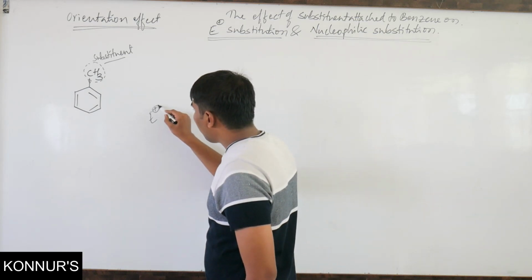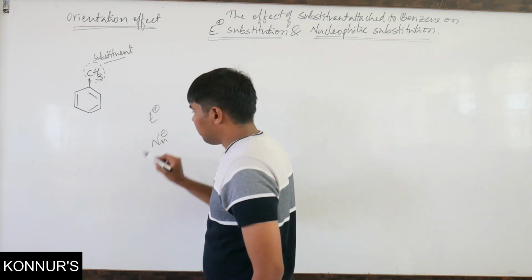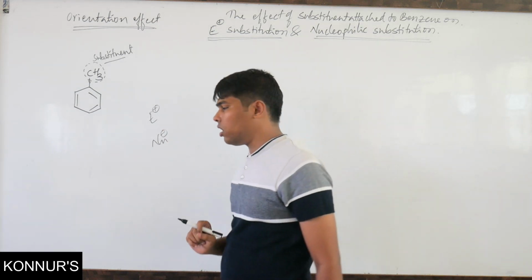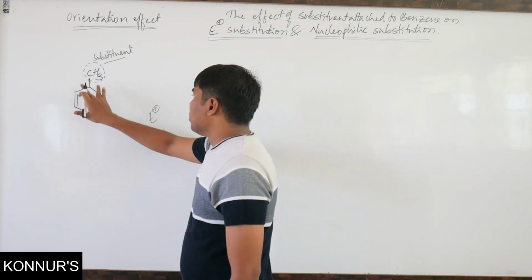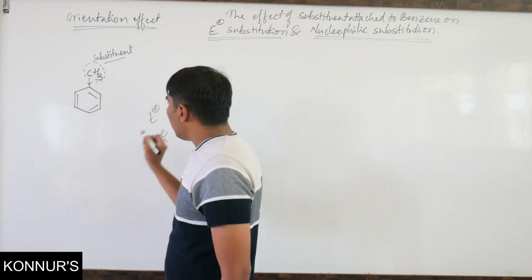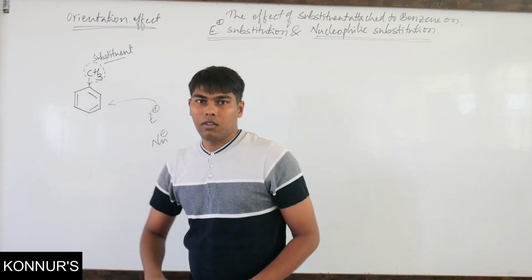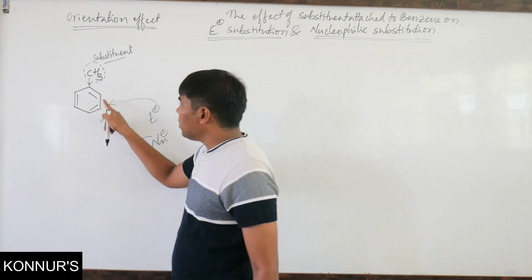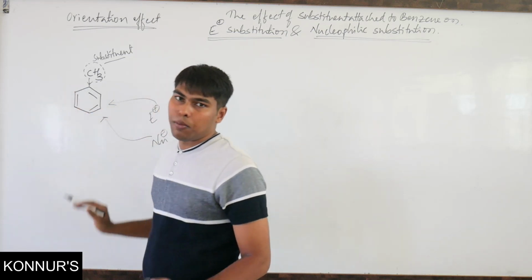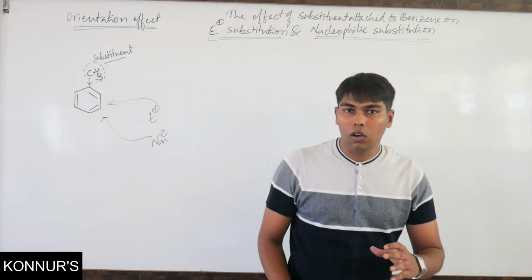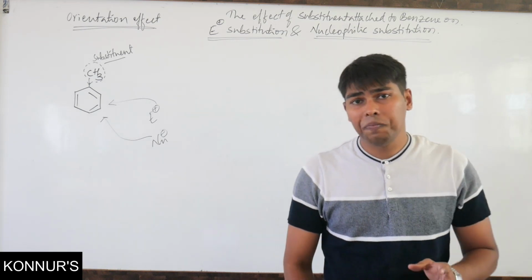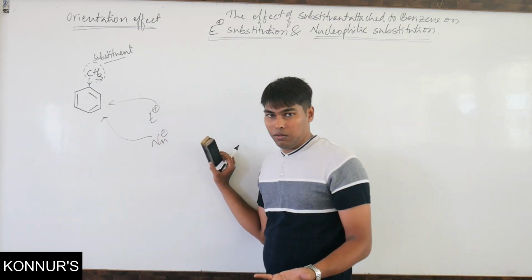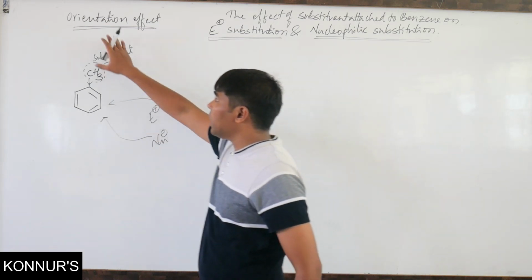The incoming electrophile or nucleophile, I already told about these things. This is the electron deficient center, this is the electron rich center. In order to attack the benzene, these species have 1, 2, 3, 4, 5 possibilities. In all those 5 positions, which position will the electrophile or nucleophile choose? That is called the orientation effect.